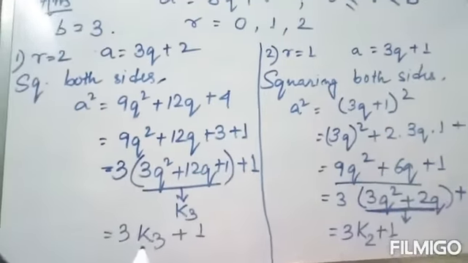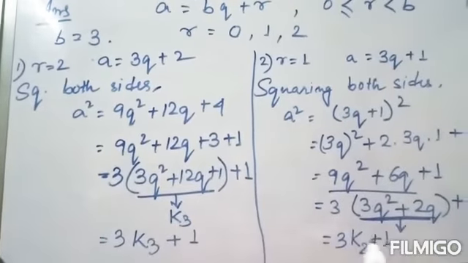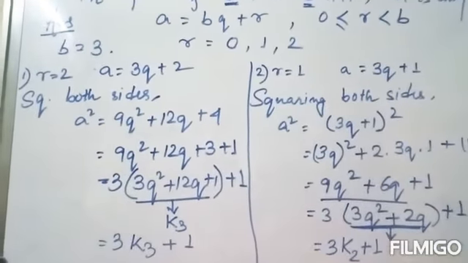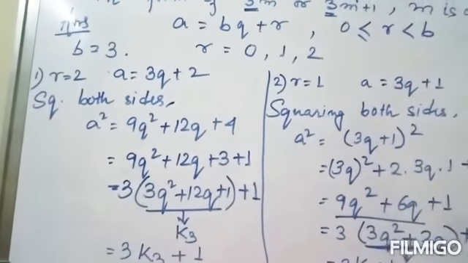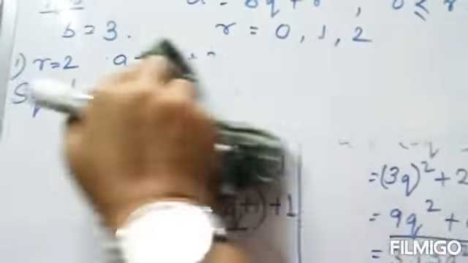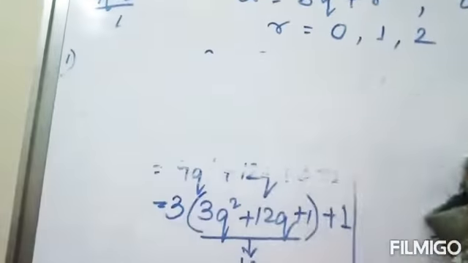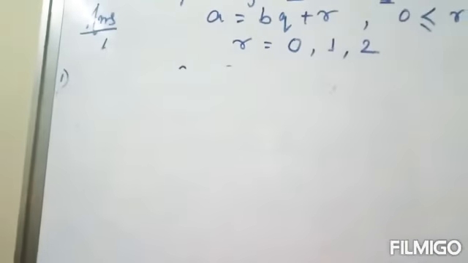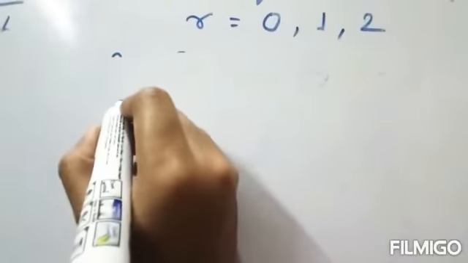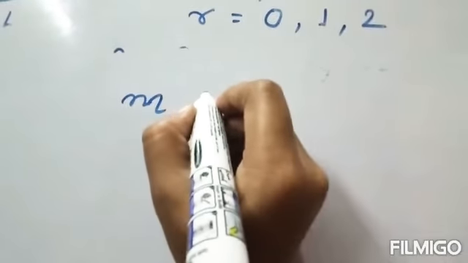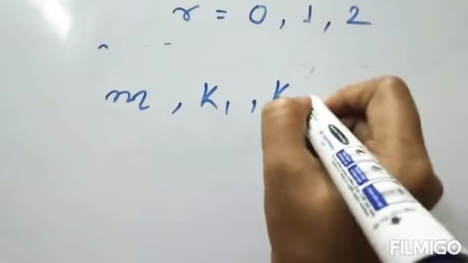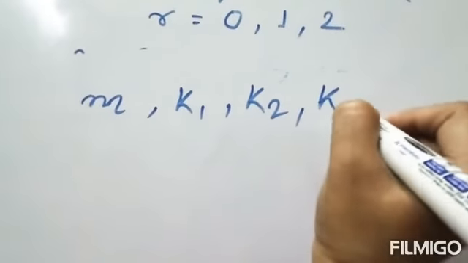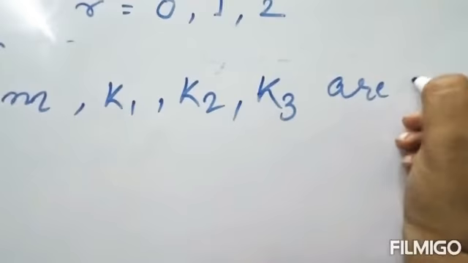So here I have considered k1, k2 and k3 also as some integers. So instead of writing m, k1, k2, k3 are all some integers.